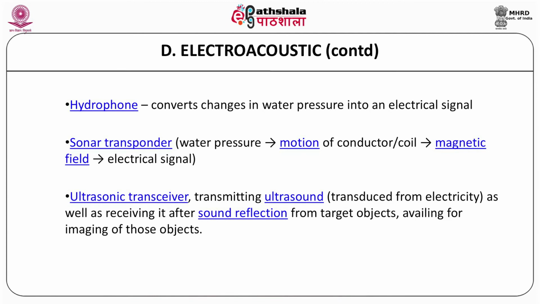Hydrophone converts changes in water pressure into an electric signal, and the name is very clear about the property used. Now the sonar transponder: water pressure is converted to motion of the conductor or the coil, then to a magnetic field, again converted to an electric signal.